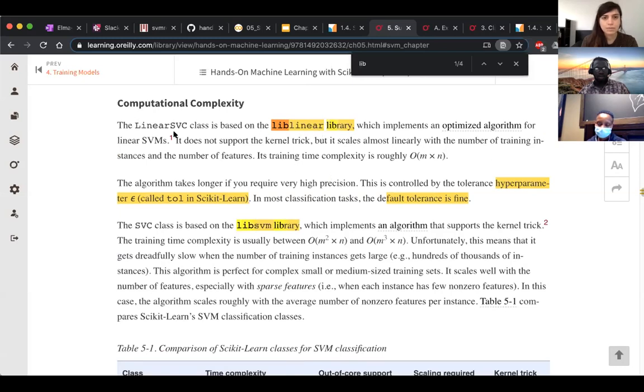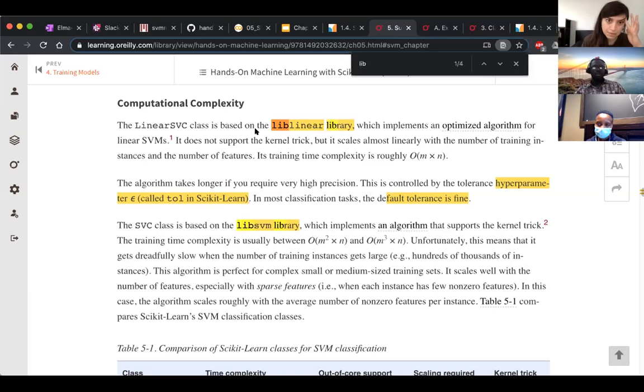Here it says that linear SVC, as well as the stochastic gradient descent, are from the liblinear library from scikit-learn. But the other one, the SVC class, is from a different one.